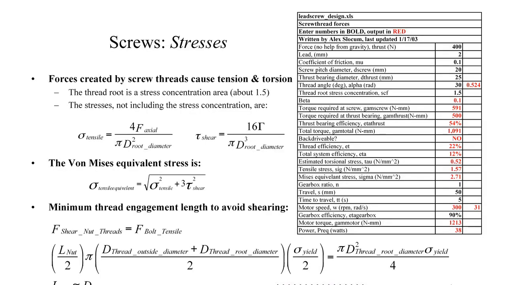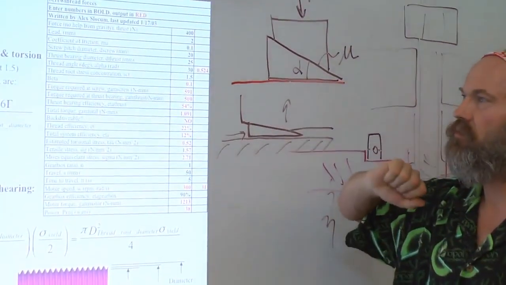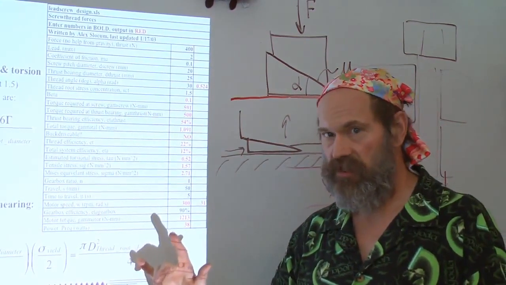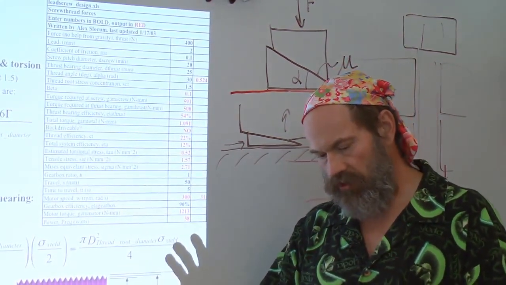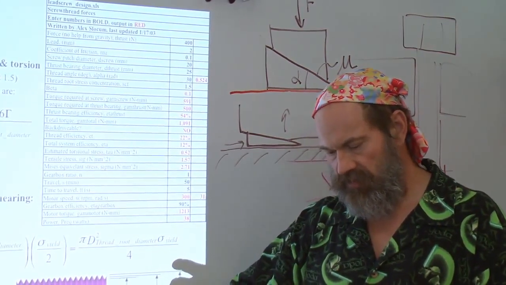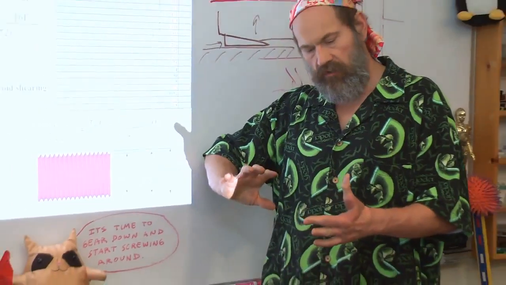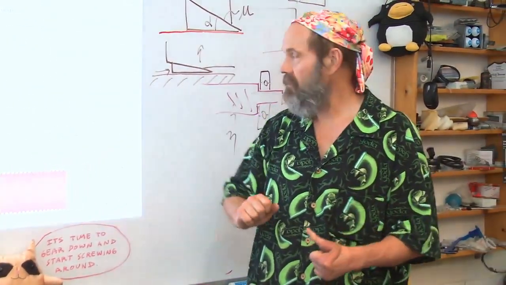This spreadsheet, part of lead screw design, and you can always combine these things and write your own, of course, calculates very straightforward, simple calculations. When you apply the torque to the screw shaft, that causes shear stresses in the shaft. It also causes, for example, tensile loading in the shaft, or maybe compression.